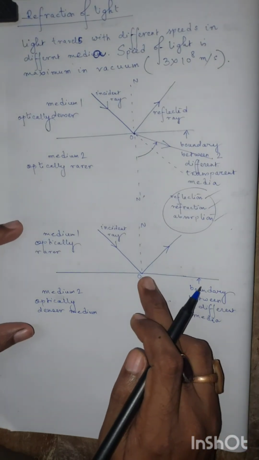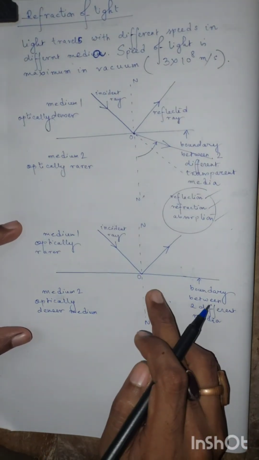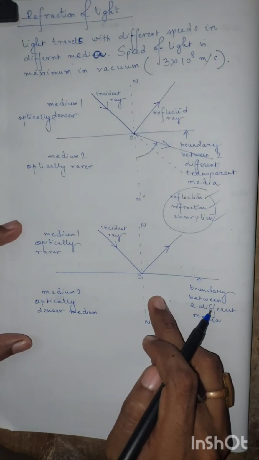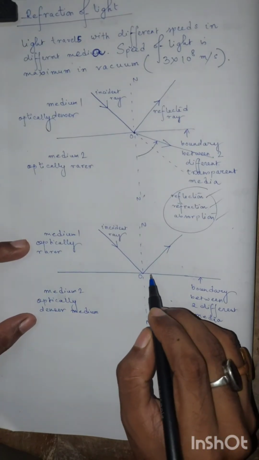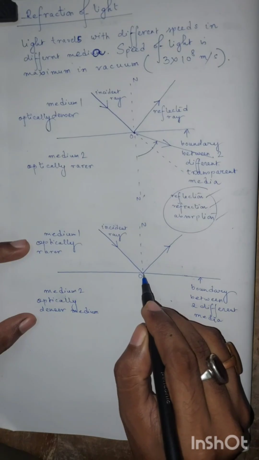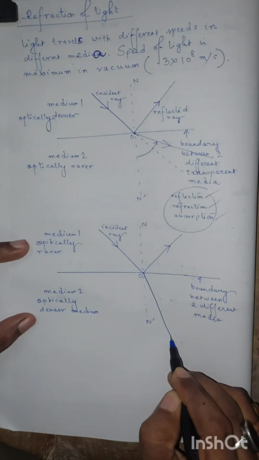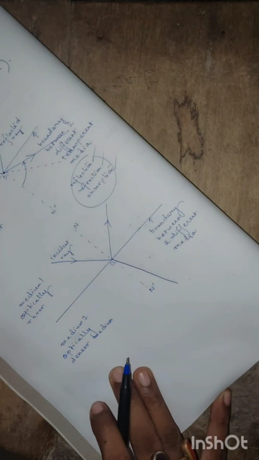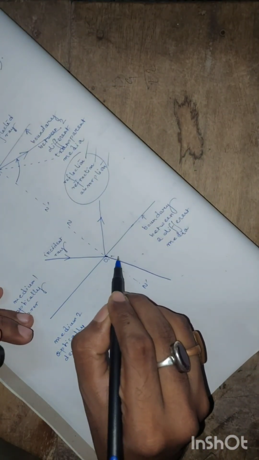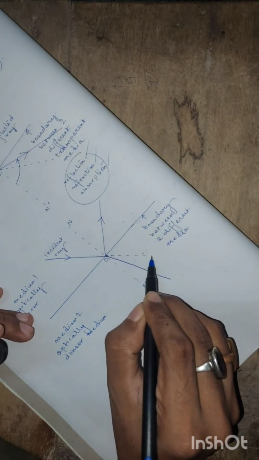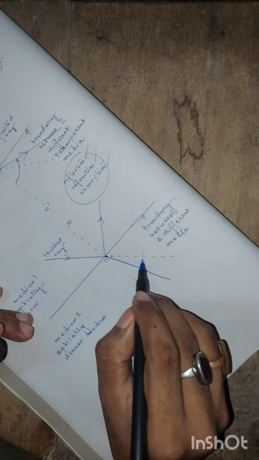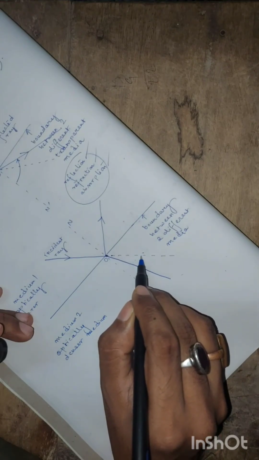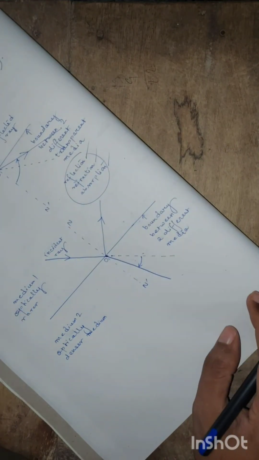So when the incoming ray enters the second medium, when it enters from an optically rarer to a denser medium, the ray bends towards the normal. This is the actual path of the ray, but it bends towards the normal.